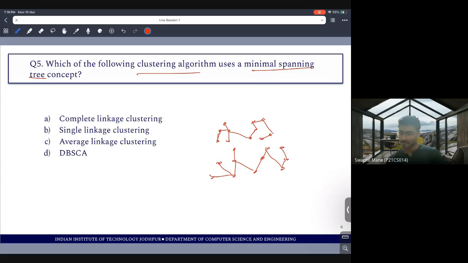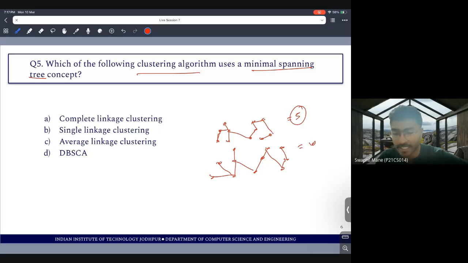Why minimal? If you add up all of the edges, you get a minimum distance, a minimum path, compared to all the other possible spanning trees. That tree we call the minimum spanning tree. Suppose the total of the paths is 5 for one and 10 for another, so the 5 is the minimum.